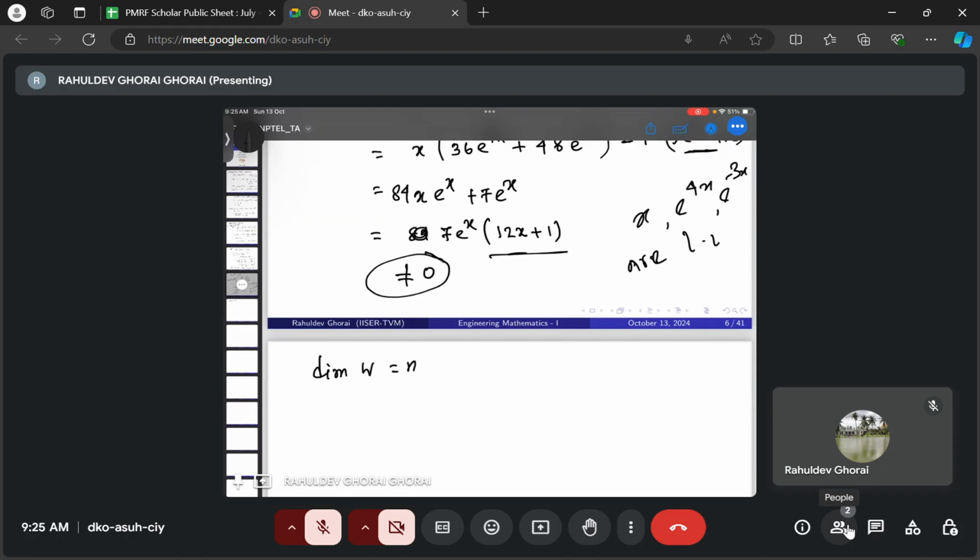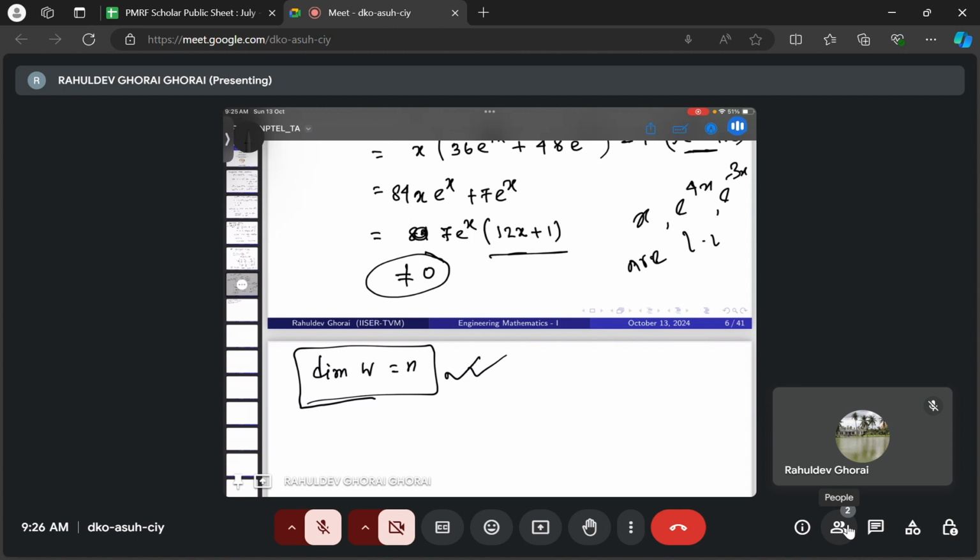That you can show, that is easy, so you just check it. It may not be useful for you for this course, but if you know it, it will be better. You can check any textbook, a standard text will have that the dimension of W is n.